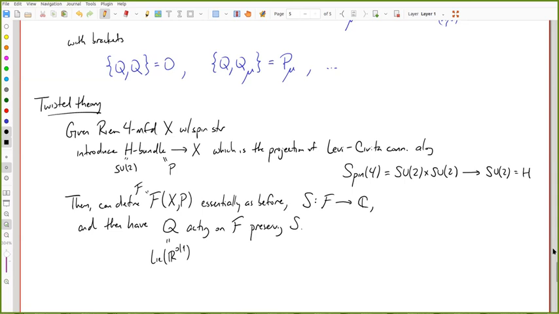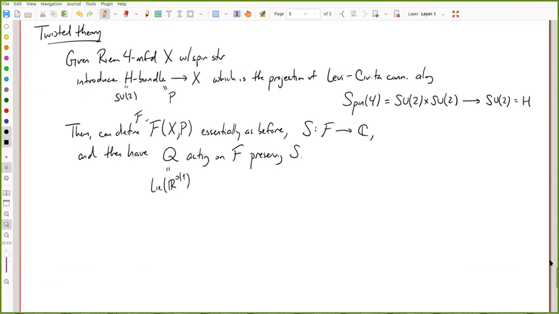Okay, so now we're trying to define the path integral of N equals 2 supersymmetric Yang-Mills theory placed on a general Riemannian four-manifold in this very particular way. So now we want to compute.